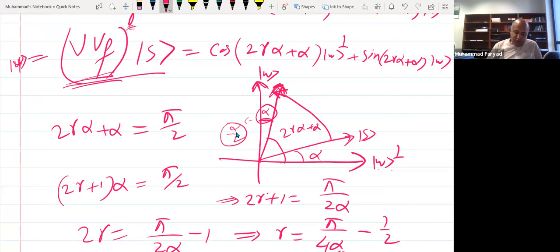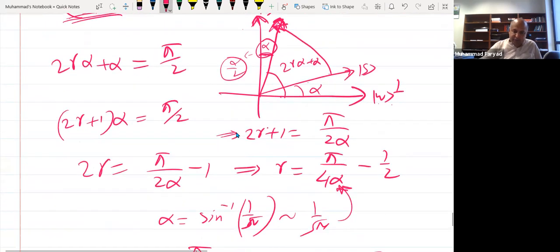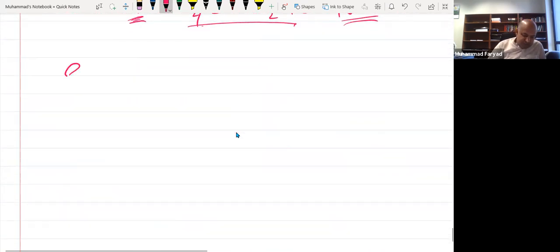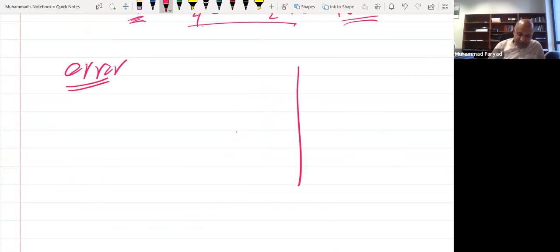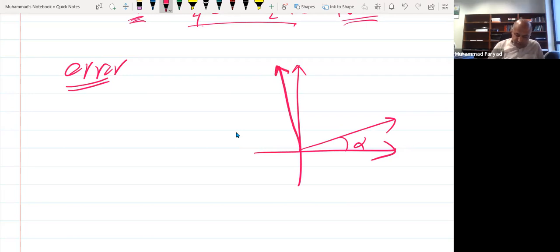So let's compute the error. If you are not perfectly aligned, let's see what the error proportionality is. If you start from alpha, in general, you could be closer to this axis, of the order of alpha. In that case, the probability of measuring W perpendicular would be sine square alpha, right?